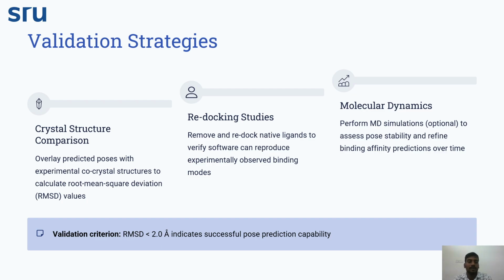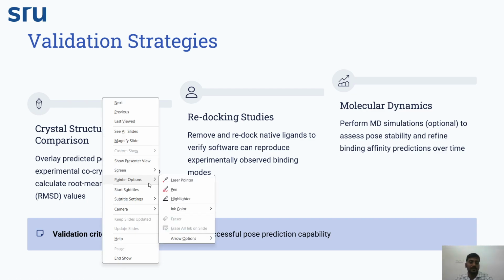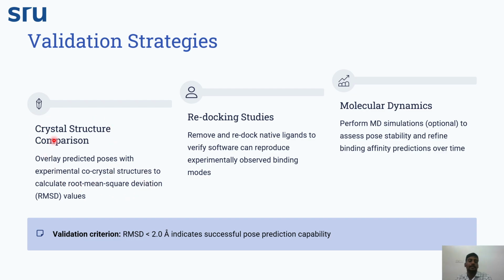And how to validate? The important aspect of docking is the validation strategies. How can we validate? Crystal structure comparison. Crystal structure comparison is based on structures submitted to the PDB database. Some researchers submit the co-crystallized form, which is a protein already attached with the respective drug molecule or ligand.